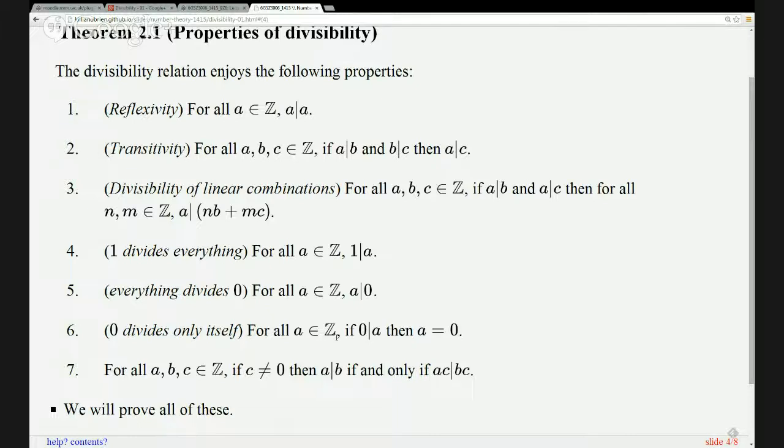And of course, we're stuck in the integers here, so we don't go willy-nilly dividing things by other things, because you can only do that if the divisibility relation holds.